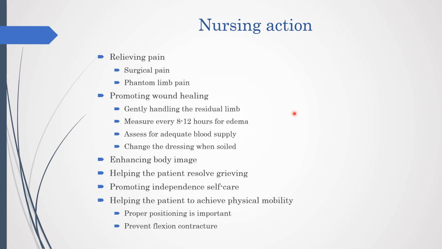Body image is very important. The loss of a body part may come as a shock for the patient, and patient behavior may change, like crying, withdrawing, lack of interest, or anger. The patient can express feelings like depression, fear, and helplessness.